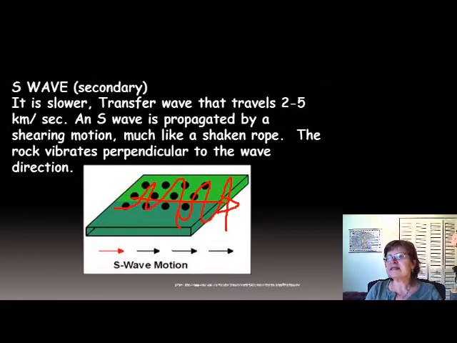The speed of this, as I said, is slower. It goes 2 to 5. But it's really interesting that I hope you remember the first one, the primary wave, went 4 to 7. This one is going 2 to 5. So you can see the range is exactly the same in both cases. What do you think? Why do we have this difference?